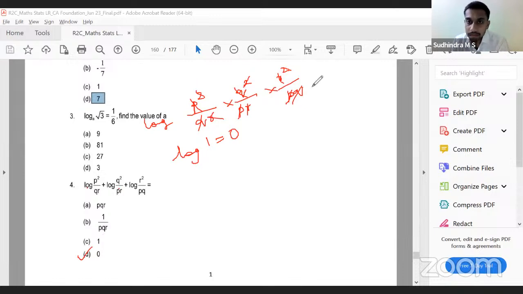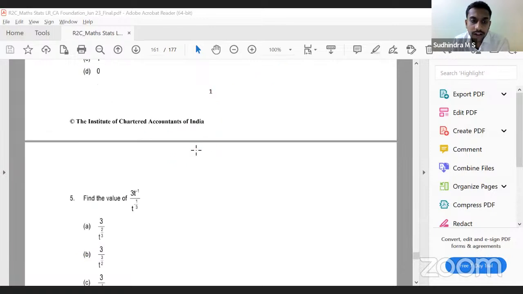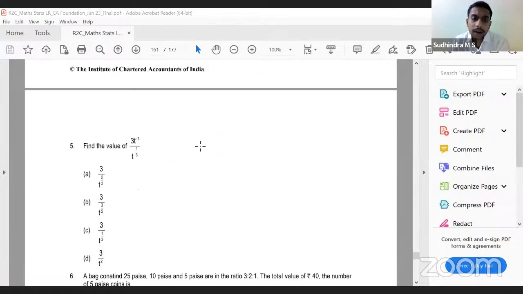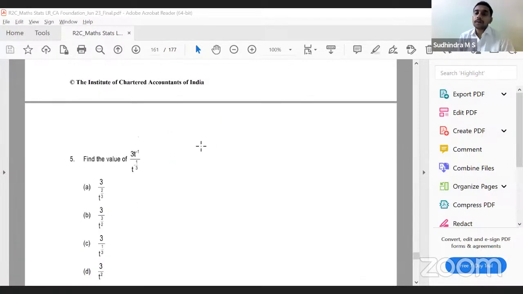Next one, question number 5. Find the value of 3t to the power of -1 divided by t to the power of -1 by 3. Option A, very good. Instead of t to the power of -1, I'll write 3 by t into t to the power of -1 by 3.